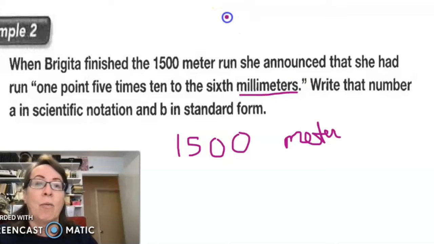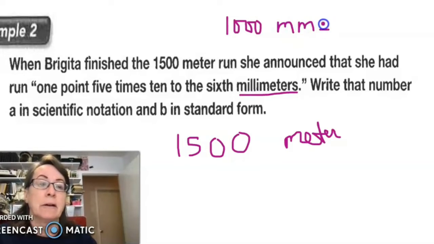There are 1,000 millimeters in 1 meter. Okay, so milli means 1,000th. So 1,000th of a meter, 1,000 thousandths of a meter will equal 1 meter.